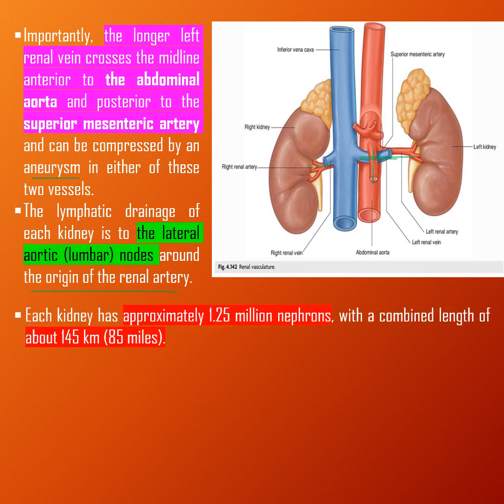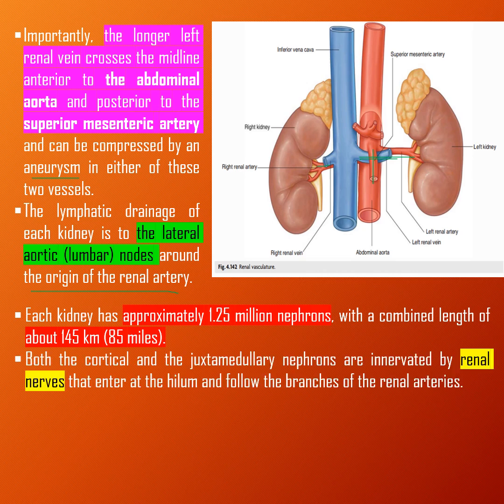Each kidney has approximately 1.25 million nephrons with a combined length of about 145 kilometers, that is about 85 miles. Both the cortical and juxtamedullary nephrons are innervated by the renal nerves that enter at the hilum and follow the branches of the renal arteries.